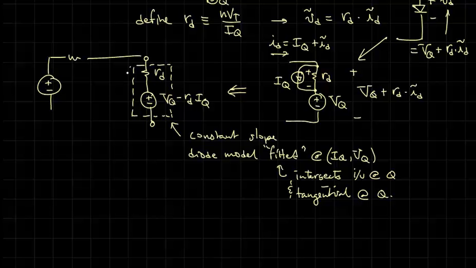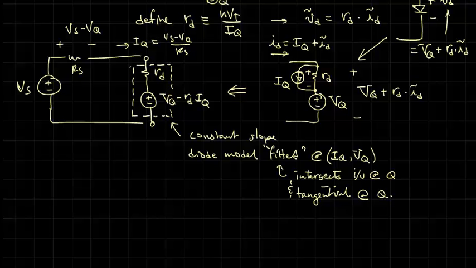For instance, if we were to put this into a circuit where we put in a resistance and connect this up, say this is Vs, and this voltage is Vs minus VQ, and we have Rs here, then IQ, the current flowing, which would be defined as IQ because this is just a static operating point, would be Vs minus VQ over Rs.